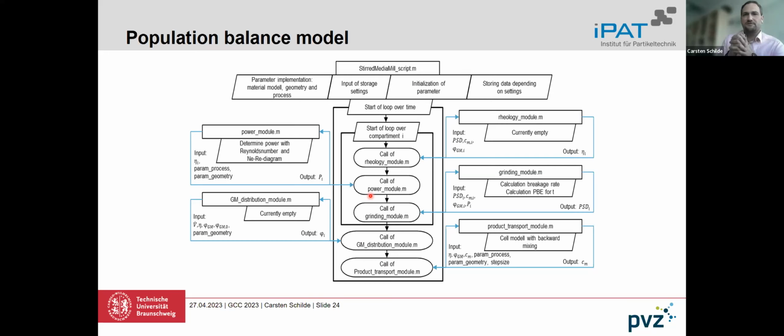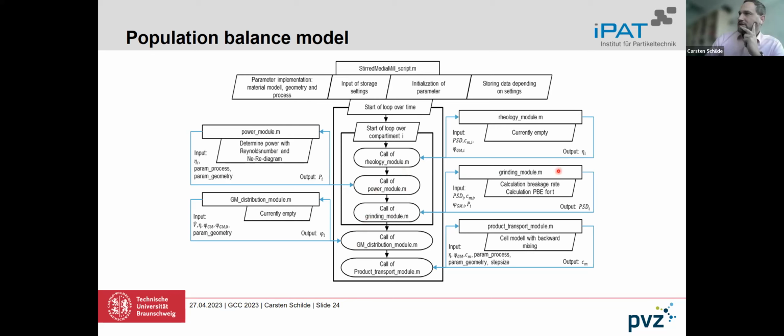The grinding chamber is divided into different cells, and we connect these cells, and for each cell we run into a loop and perform, for example, the grinding model with the breakage rate and also the breakage function at the end, so the source and sink terms, the birth and the death terms for our population balance method.